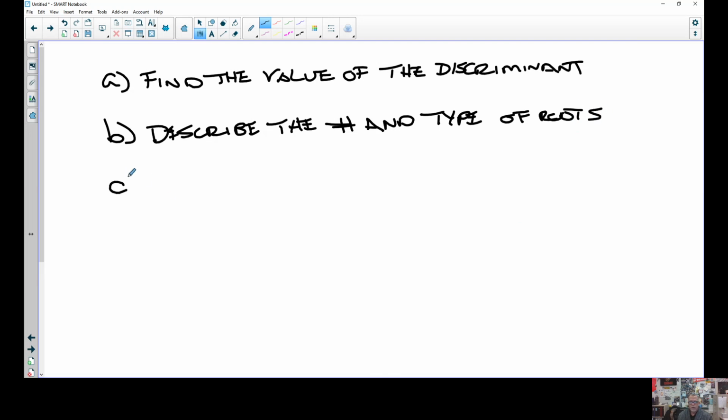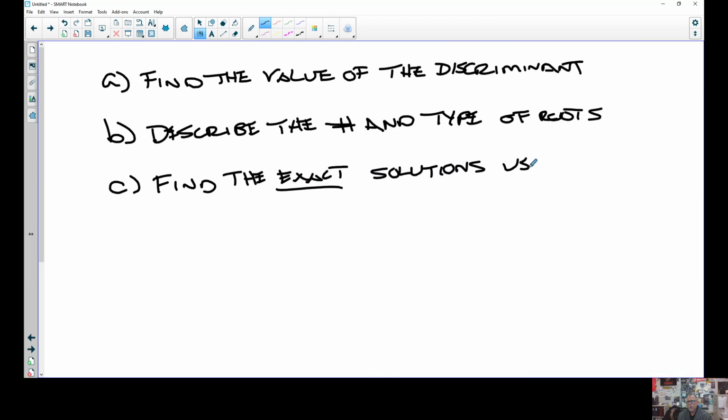And finally, they're going to say, find the exact solutions using the quadratic formula. And they'll give you something like this.